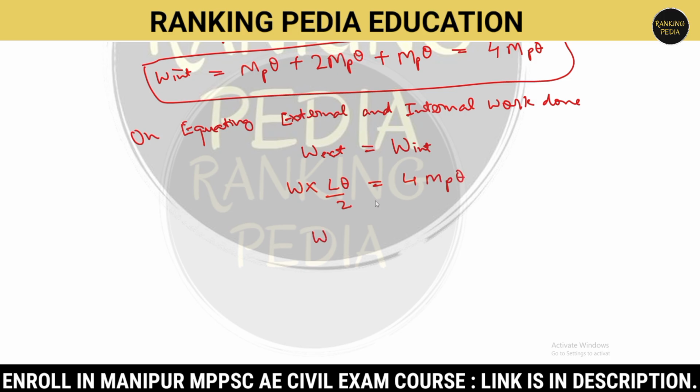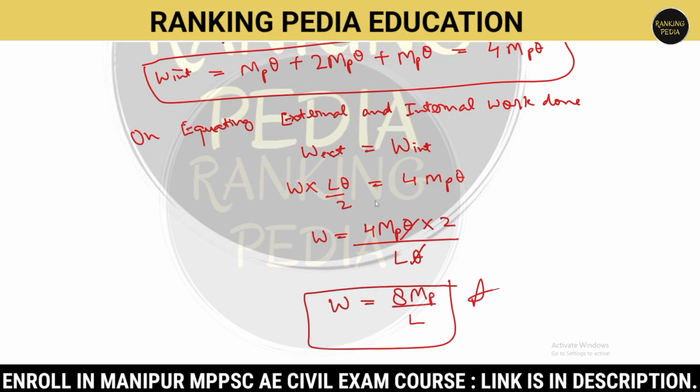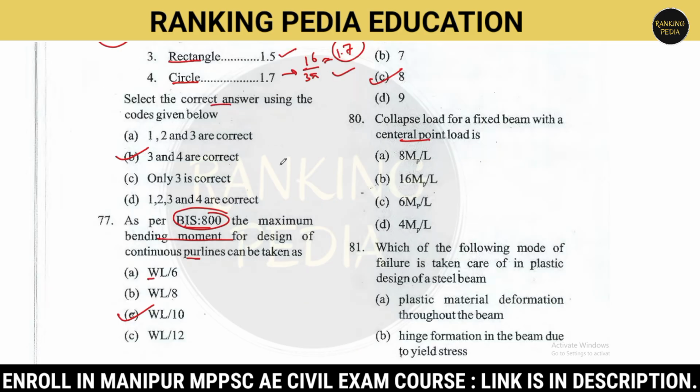From here, W is 4 times of theta into 2 whole upon L theta, so W is 8 Mp by L. This is the final. The collapse load for a fixed beam with the central point load is 8 Mp by L. So which option is correct? Option number A is 8 Mp by L.